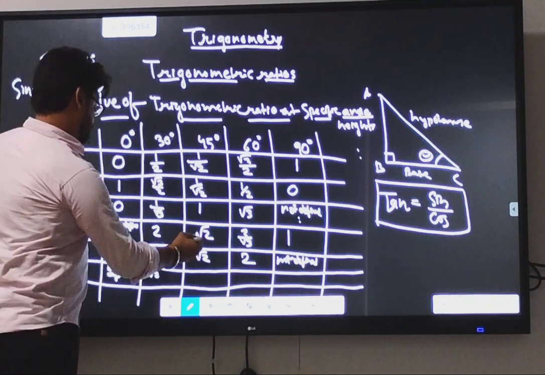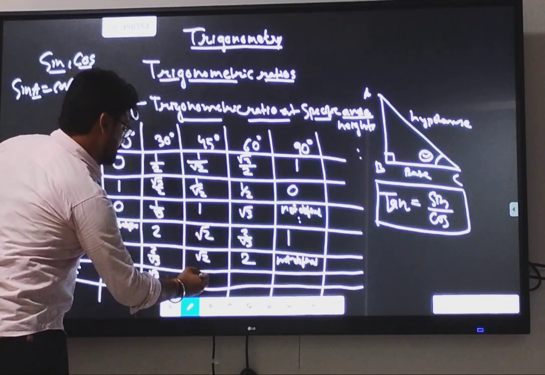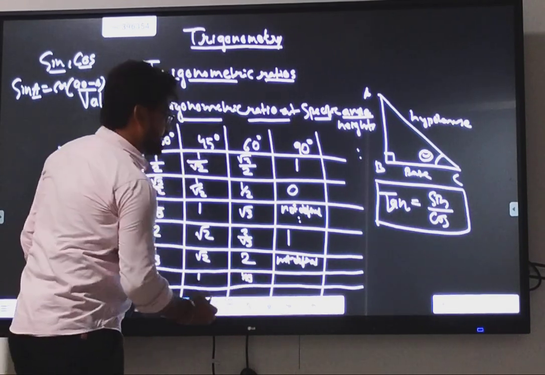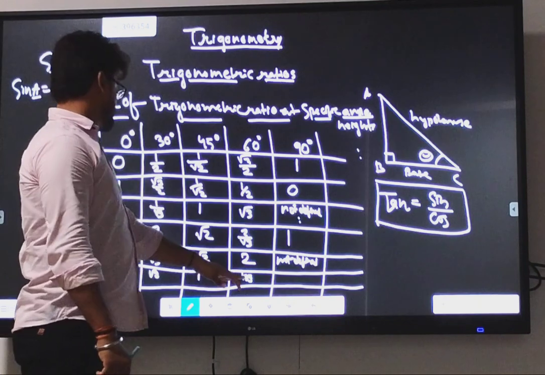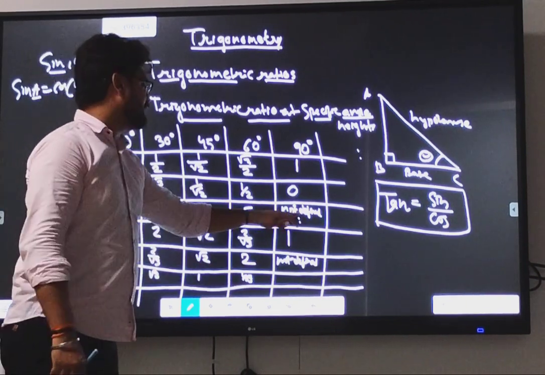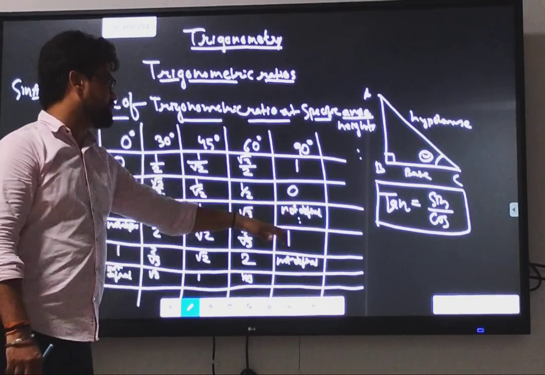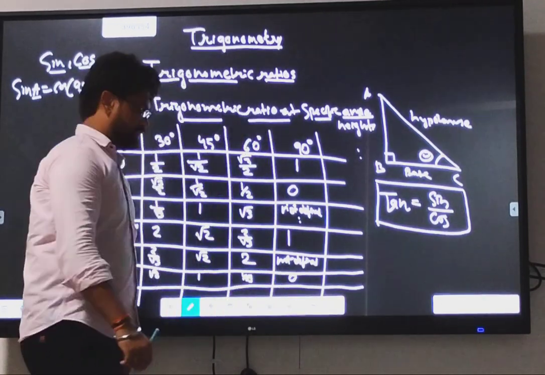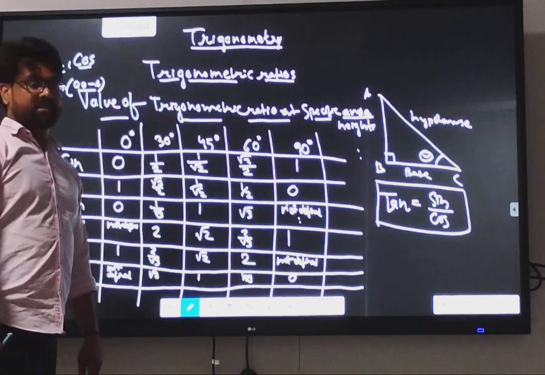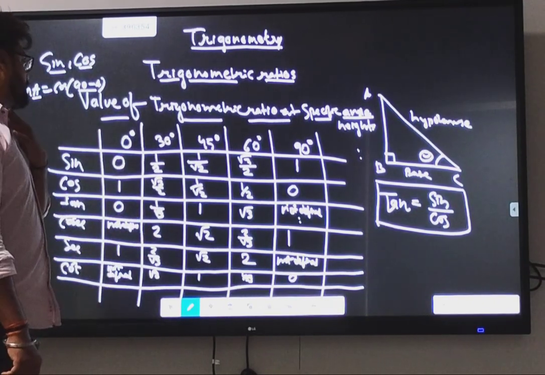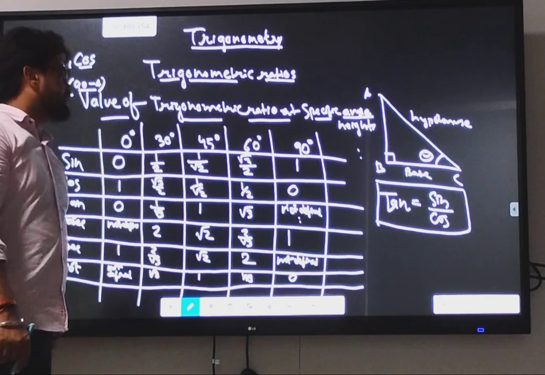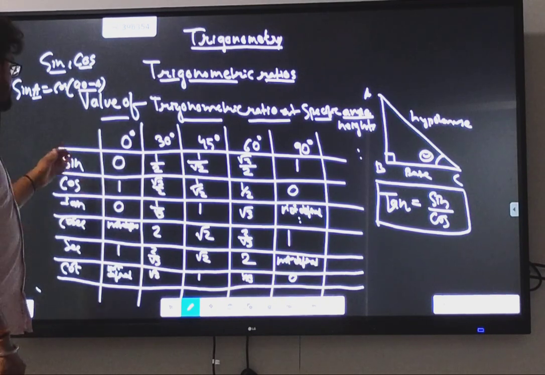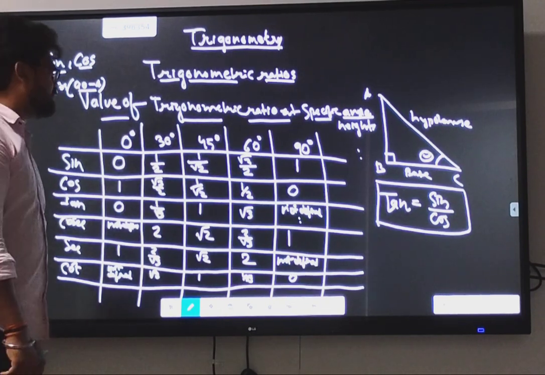Again we have reciprocal of 1, so 1, reciprocal of root 3, that is 1 upon root 3, and then we have reciprocal of tan 90. So that will become 1 upon 0, it was 1 upon 0, so 0 upon 1, it becomes again 0. So these are some basic trigonometric values at some specific angles. Okay, so these are the values of sin, cos, tan, cosec, sec, cot at different angles.